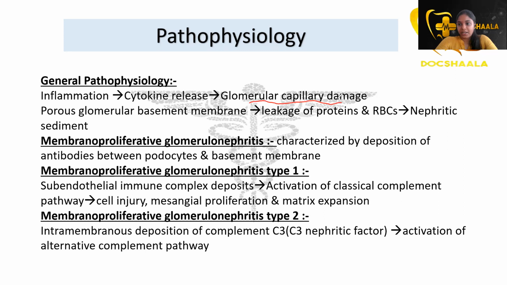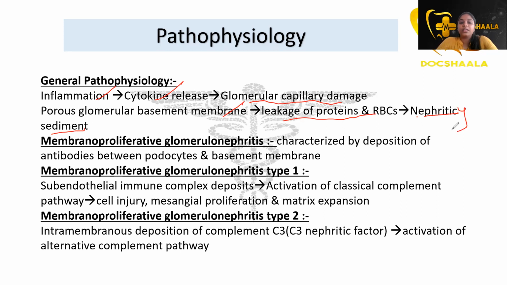How is it done? In general pathophysiology, inflammation followed by cytokine release leads to glomerular capillary damage. Then the porous glomerular basement membrane leads to leakage of proteins and RBCs, which leads to nephritic sediment. So this is the general pathophysiology.